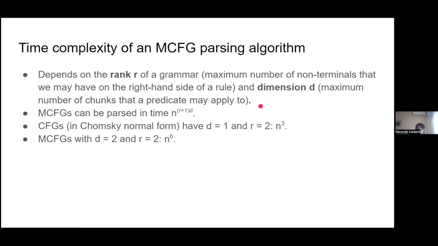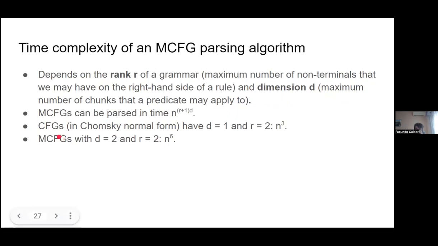So finally, this is how we get the time complexity of a parsing algorithm for MCFGs. It depends on the rank of a grammar, which is the maximum number of non-terminals that we may have on the right-hand side of a rule. And I mentioned D, which is the maximum number of chunks that the predicate may apply to. So MCFGs can be parsed in time n, which is the length of the input, raised to the power of (r plus 1) times d.